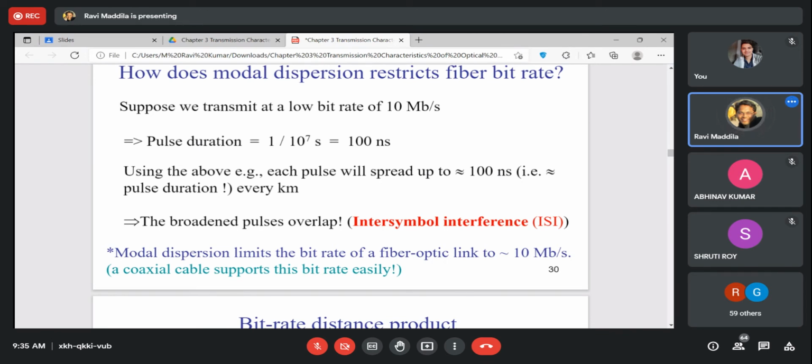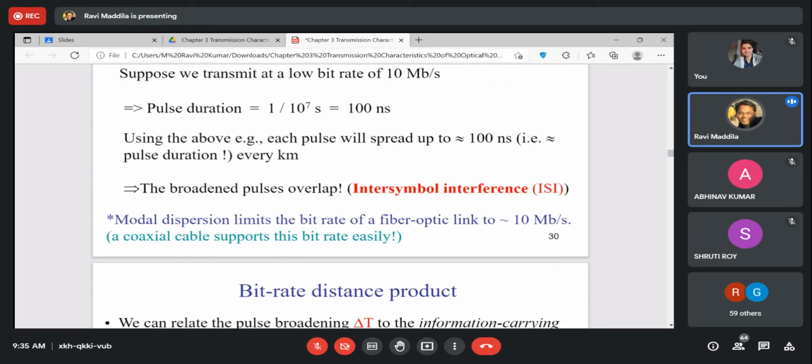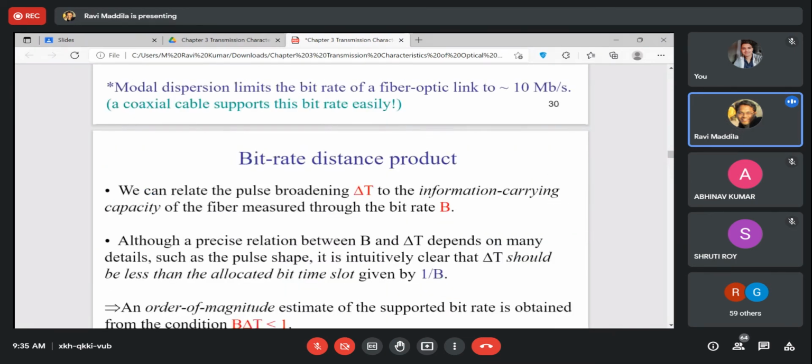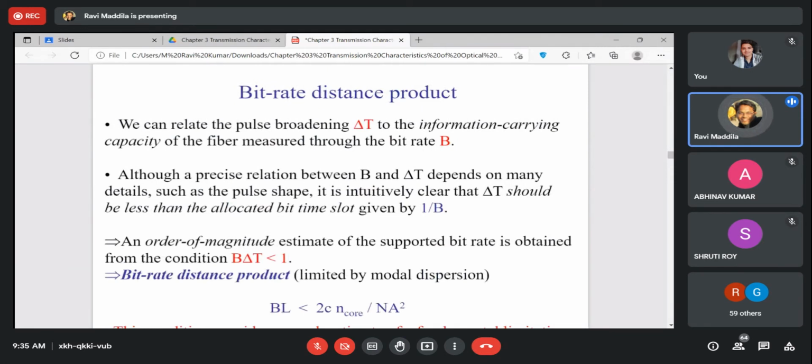When we think about single mode fibers, we do not have multimode interference, as the mode which is propagating along the fiber is a single mode.